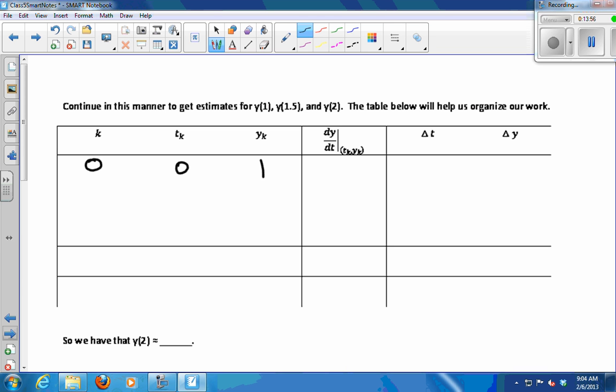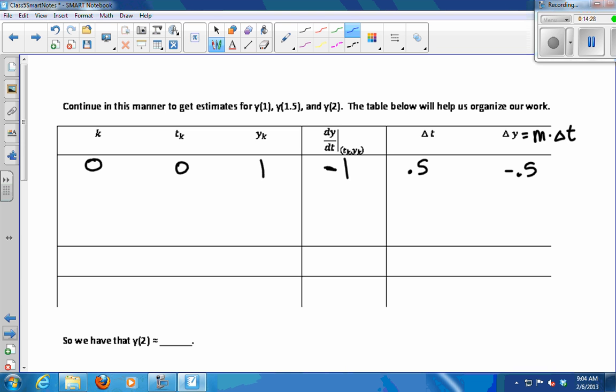That's the initial condition. We calculated the slope, dy/dt, at this point, and that was -1. Delta t, we used 0.5. We just moved 0.5 over. And then we calculate delta y by doing slope times delta t. So this ends up being -0.5.